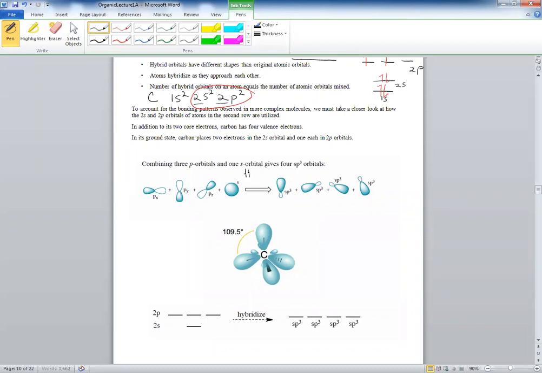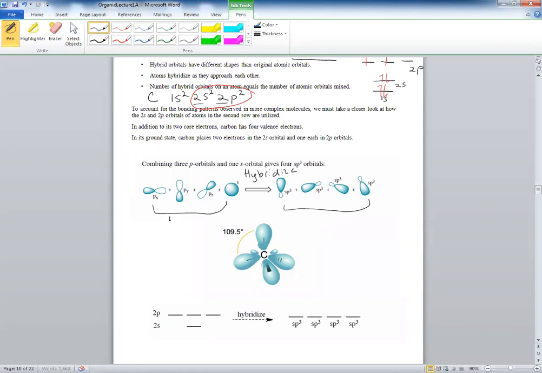This process is called hybridization, or we just say hybridize. They look similar to both, or have a combination, hence the word hybridization. They now have a larger lobe and a smaller lobe. Okay, what's so fancy about this? All you have to remember is this is a region where the electrons are most likely to be found.